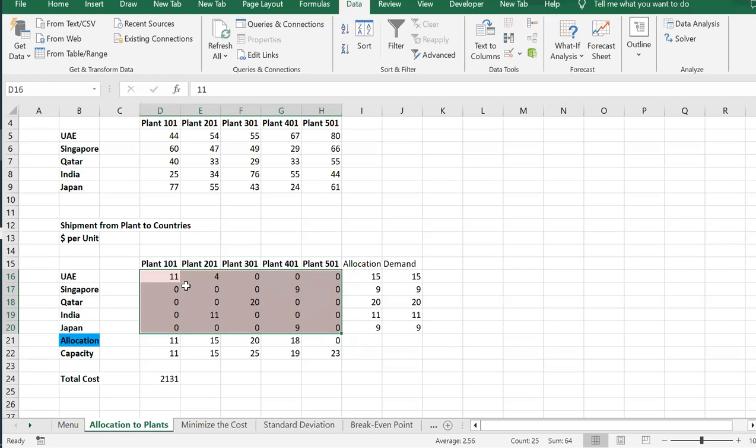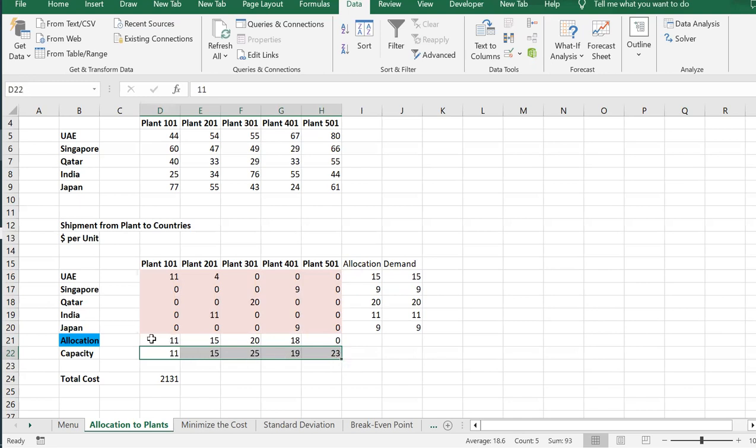procedure through which all the desired combination of the allocation of the demand has been set, meeting these conditions, that these will always be equal and these will always be less than or equal to the capacity.